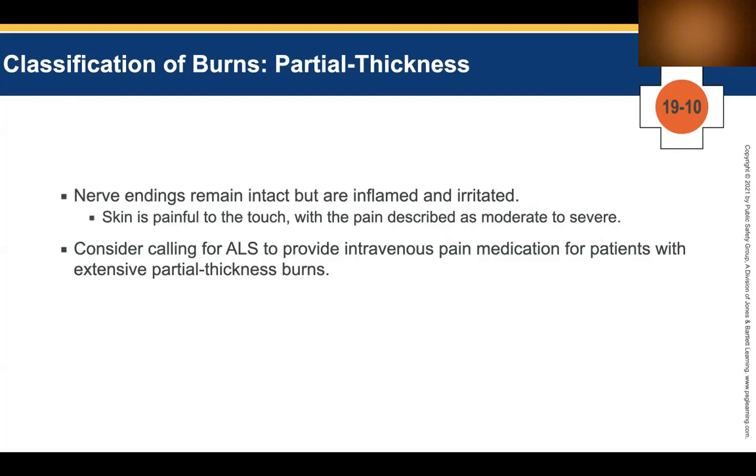ALS transport is going to be needed for patients with, the protocol said, more than 5% total body area. So that's not a lot, but they need pain control, and ALS, we can call it up to the hill, advanced life support, and they can provide some pain meds for them prior to hospital arrival.